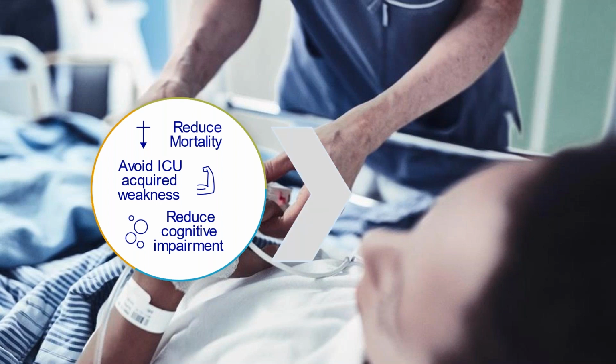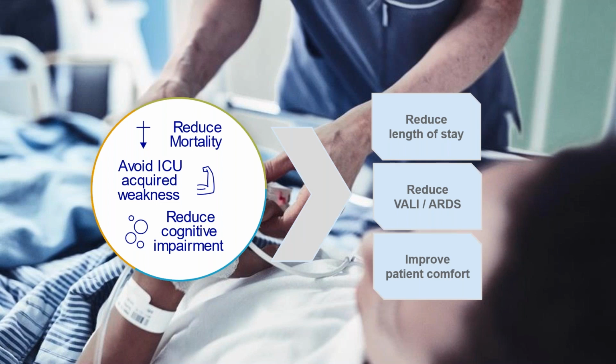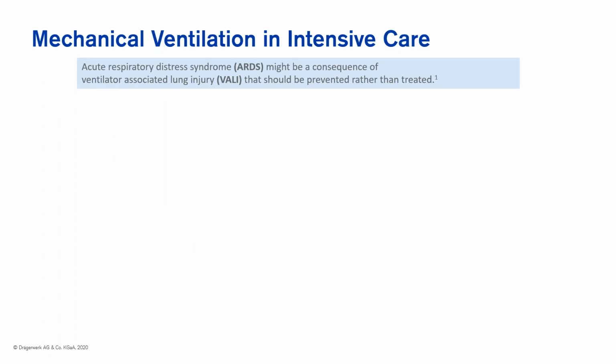What we're really trying to do is reduce length of stay in the ICU and the duration of mechanical ventilation, contributing to the reduction of ventilator-associated lung injuries and the development of ARDS. We also want to ensure improved patient comfort, because we know that patient-ventilator asynchrony can also contribute to longer ventilation time.